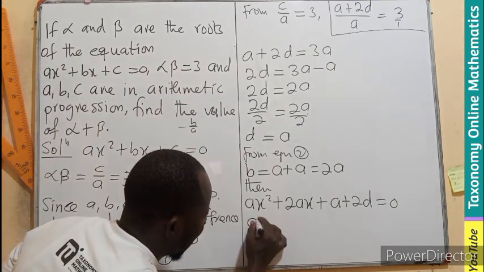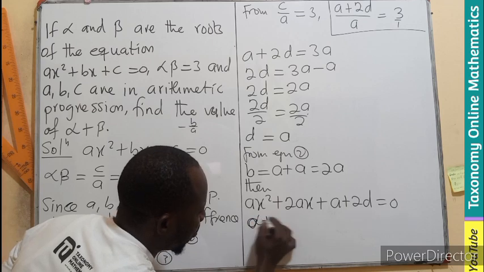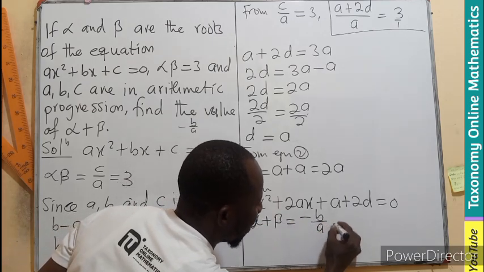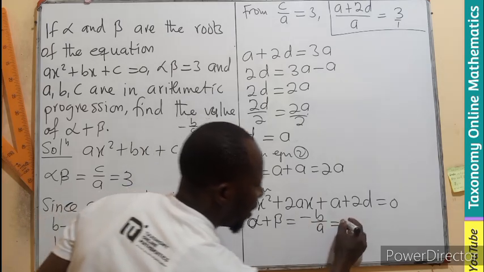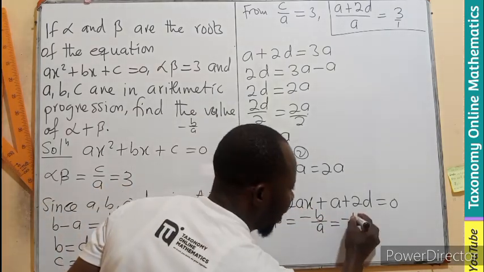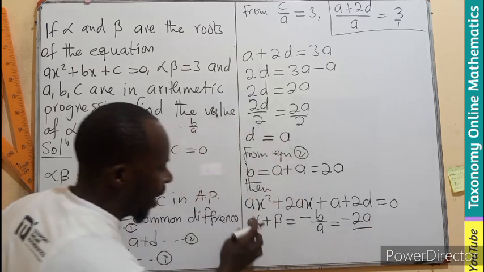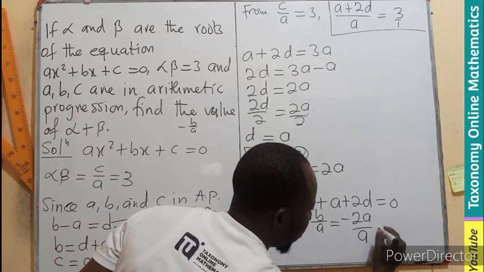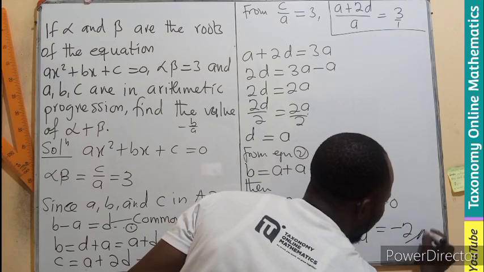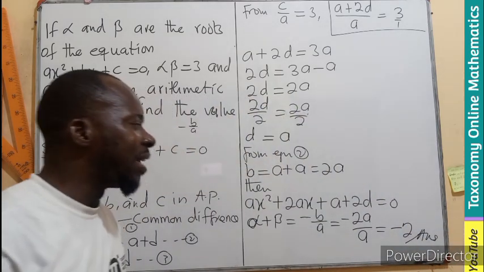Then I can say that alpha plus beta, which is negative b over a, will be equal to negative 2a divided by a, where the a will cancel. So I still have negative 2 as the answer.